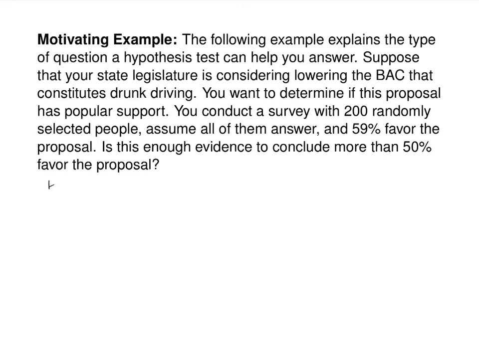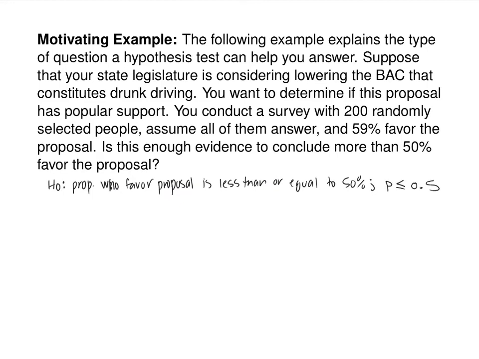In this case, your null hypothesis, kind of like back in chapter 4, is that nothing is going on. That's that the proportion who favor the proposal is less than or equal to 50%. With symbols, that's p is less than or equal to 0.5.